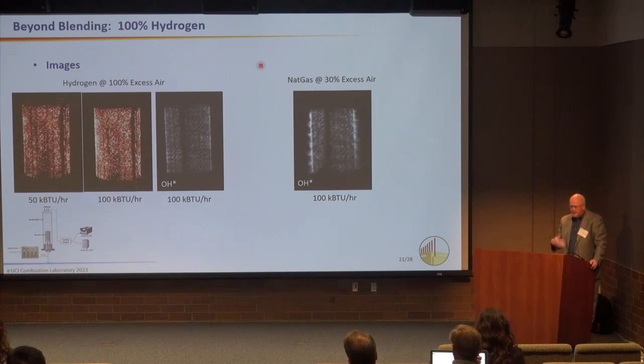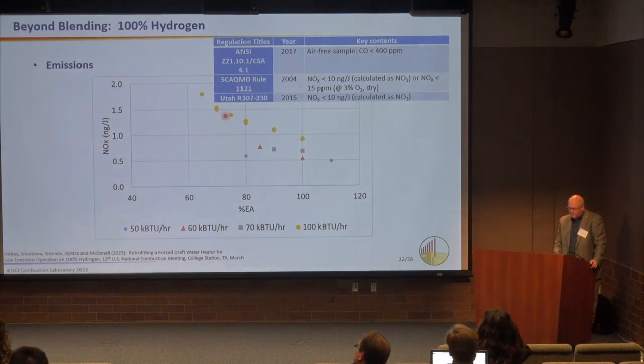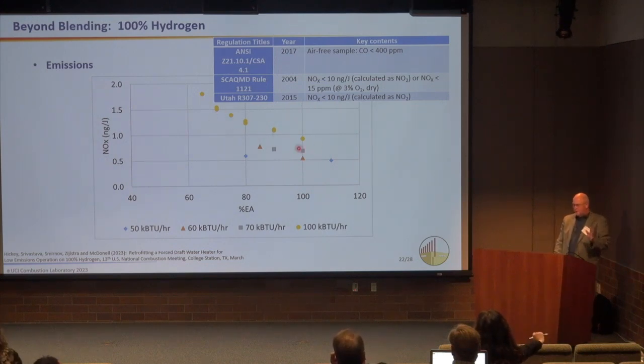But what happens with the emissions? Well, here are the emission levels that we got for this 100% hydrogen water heater. There are different firing rates, 50,000 BTUs per hour, for example, or the yellow is sort of the target, 100,000 BTUs per hour.